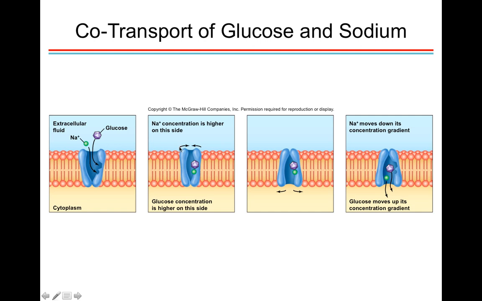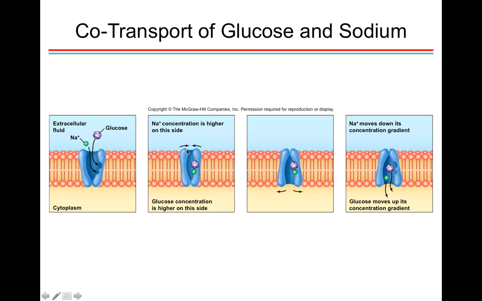So I want to start with the second frame right here, showing you that sodium concentration is higher on the outside of the cell. In this cell, glucose concentration is higher on the inside. So what can happen is that the sodium and glucose can bind to the co-transport channel.